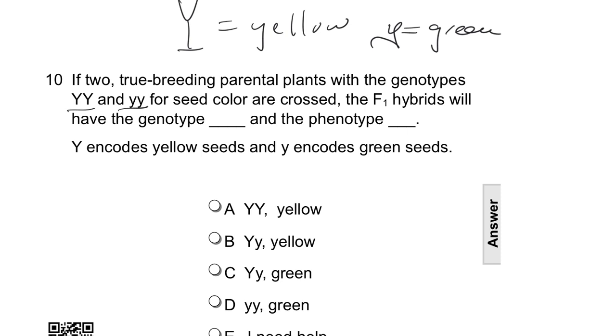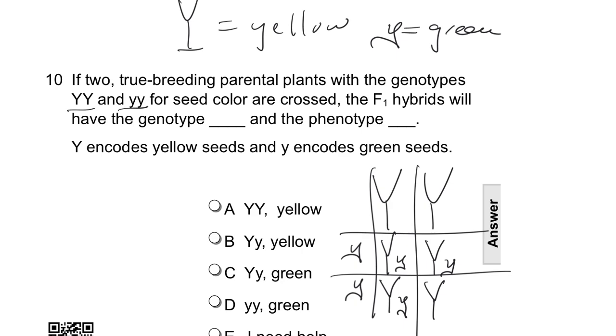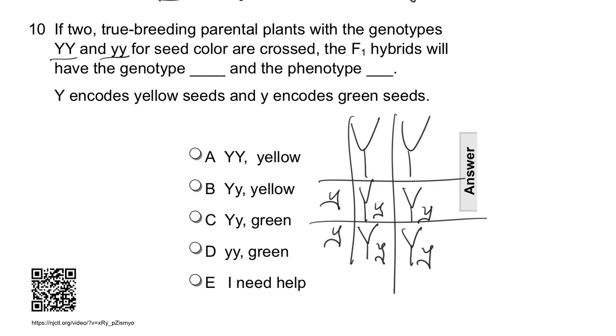Okay, so we did big Y, big Y times little y, little y, and obviously you get all of them being heterozygous. So they would all be yellow, and they would all be big Y, little y genotype.